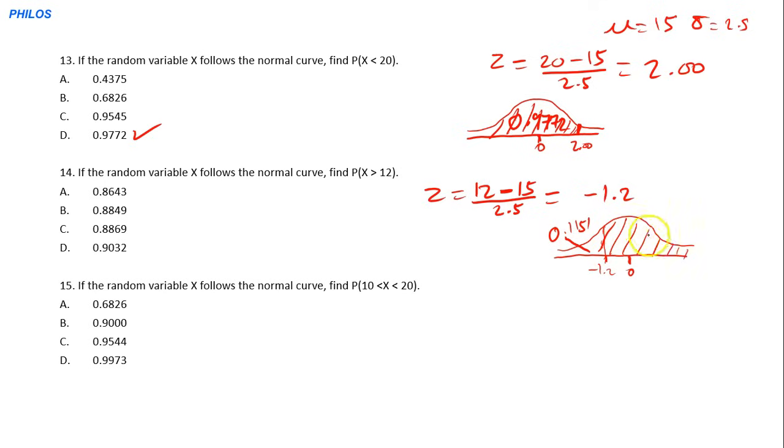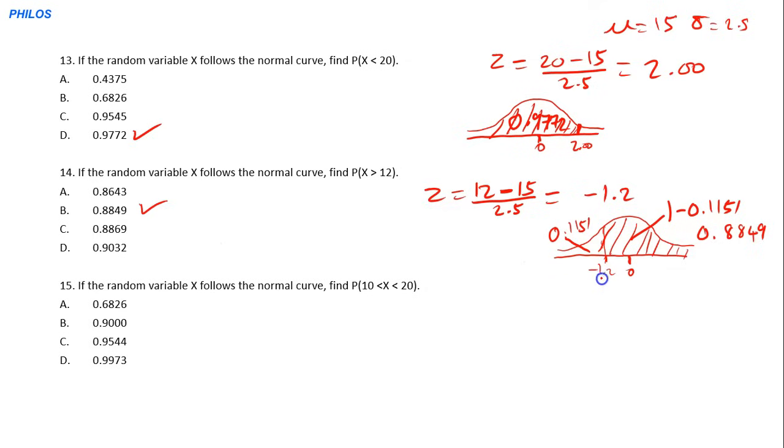But we want the area to the right, which is the shaded area. So to get the area to the right, we say 1 minus 0.1151. So 1 minus 0.1151 will give us 0.8849. So the correct answer for question 14 is B.